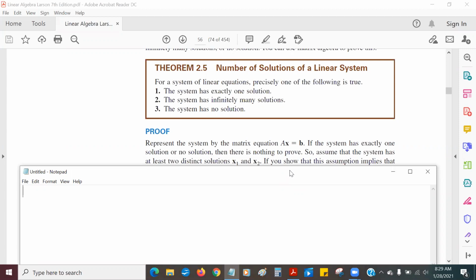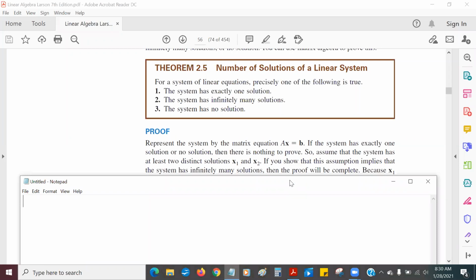Now, let's say it's a 3x3 system. So x1 could be 9, 12, 4, and x2 could be 17, -30, 8, or something like that, meaning two different points of solutions. Anyway, if you show that this assumption will automatically imply that the system has infinitely many solutions, then the proof will be complete. So that's what we want to do.